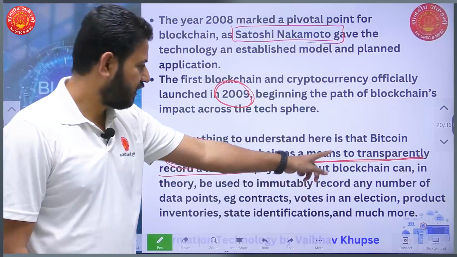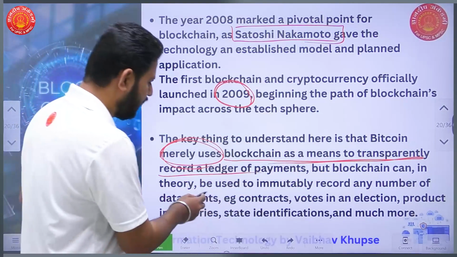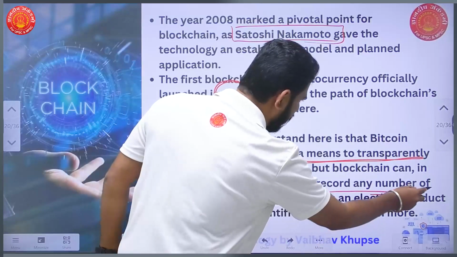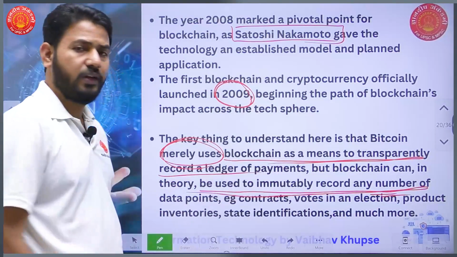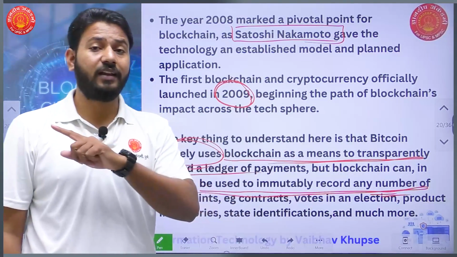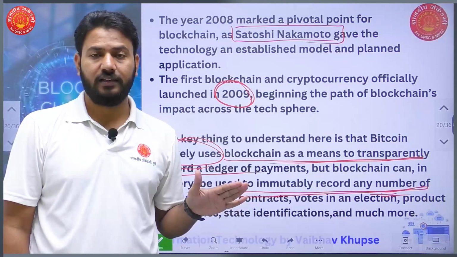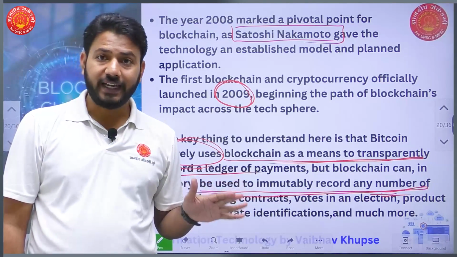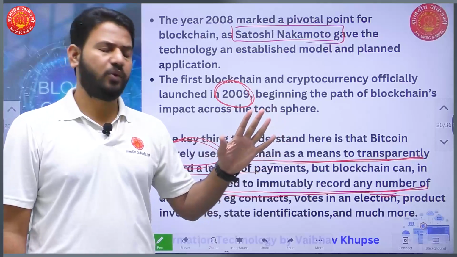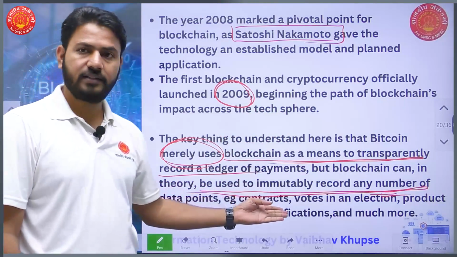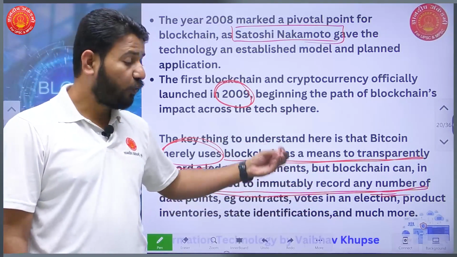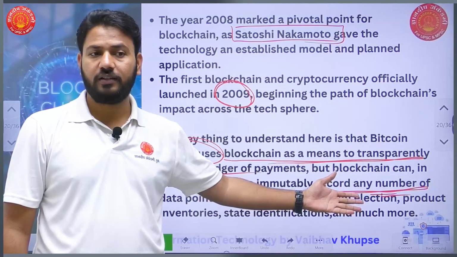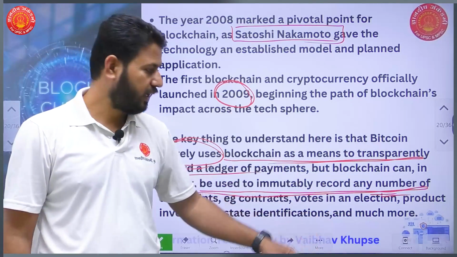But blockchain can, in theory, be used to immutably record any number of data points. It does not only act as a ledger. It can actually record various data points, like what? Like contracts, records of lands, votes in an election. Imagine this. Even votes in the election can be recorded.